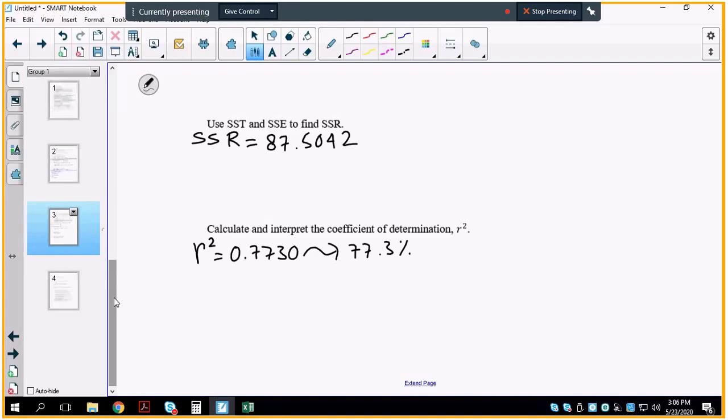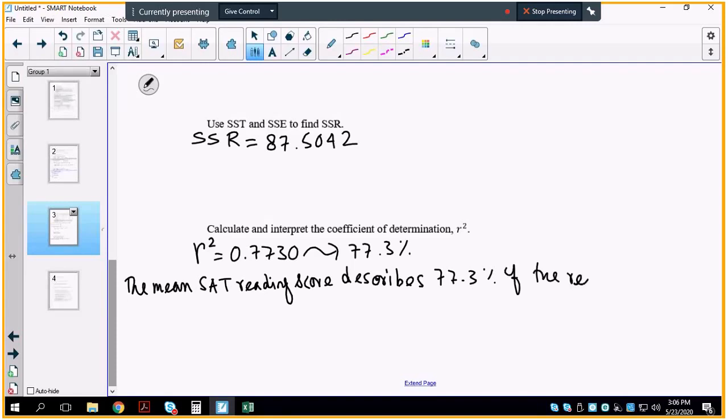Interpretation: what it says is the mean SAT reading score describes 77.3% of the variability in the mean SAT math score, the Y value.